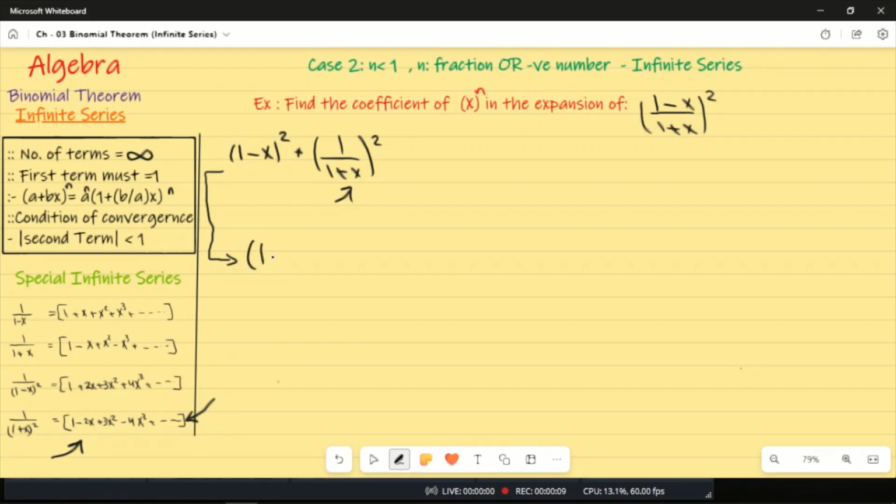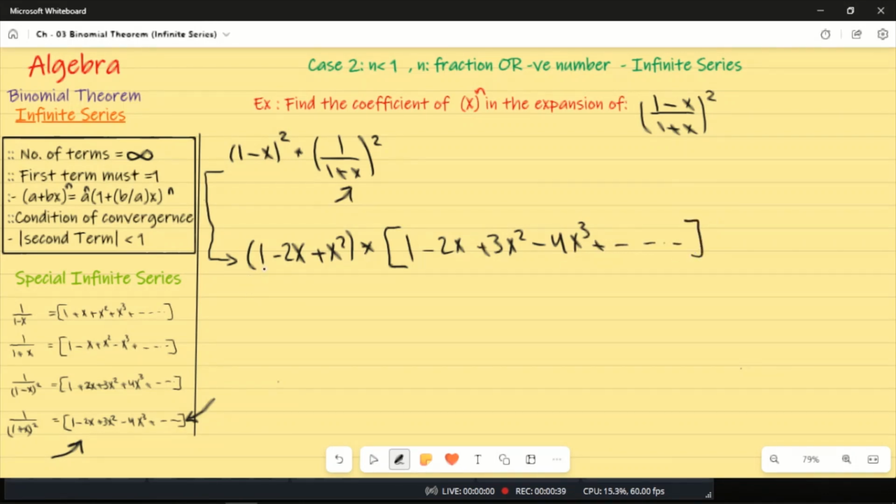So we have here 1 minus 2x plus x squared, and here we have this, just write it here: 1 minus 2x plus 3x squared minus 4x cubed and so on.